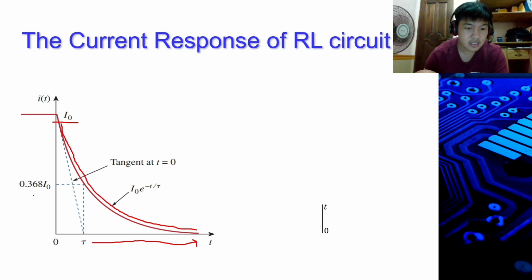So based on the time constant, the lower the time constant, the faster the decay. If the time constant is high, the decay is slower, like this.